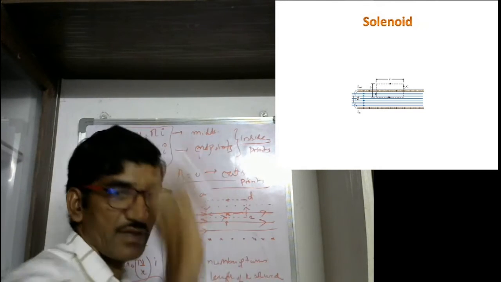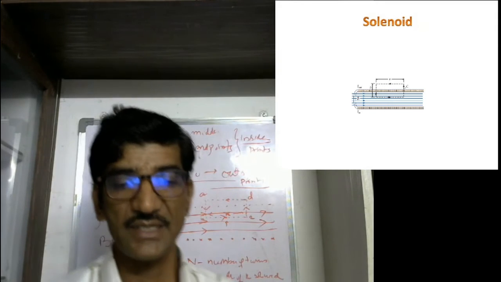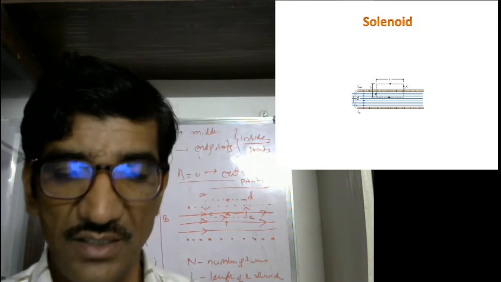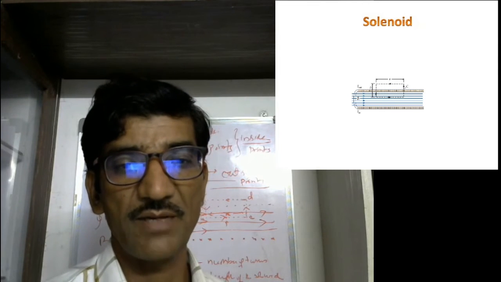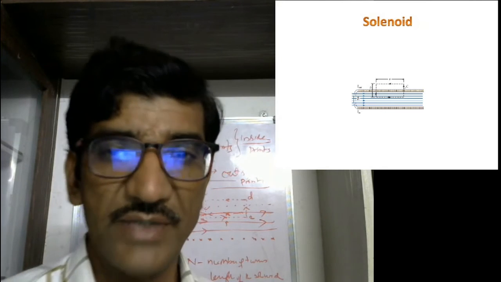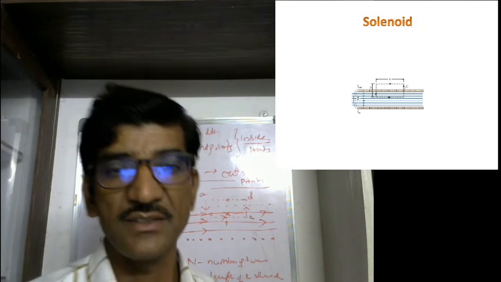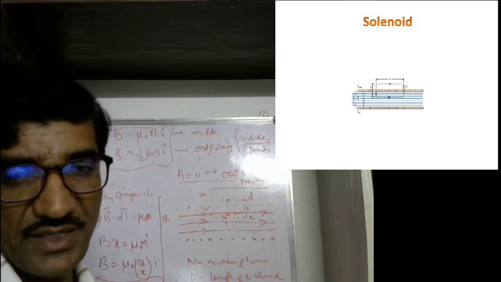This you have to remember. For any ideal solenoid, the magnetic induction outside is 0. Ideal means you have to take a solenoid of infinite length, and the turns are very closely spaced to each other.